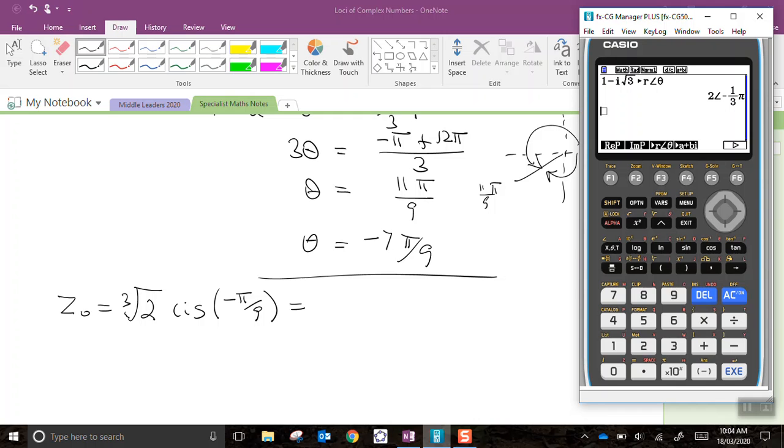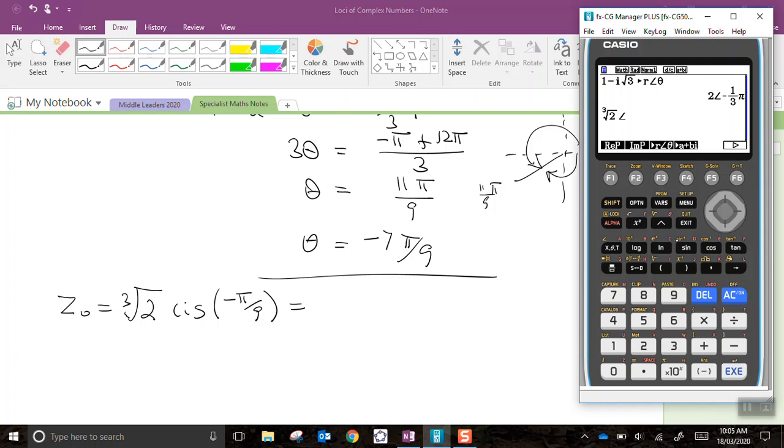Now, sometimes they want these expressed in rectangular form, so we could do this. We could literally go the cube root of 2 by cosine of negative pi over 9 plus the cube root of 2 by the sine of negative pi over 9 times i, or we can just use the built-in conversions here. So let's do it that way. We'll go cube root of 2, and the cis symbol is just there.